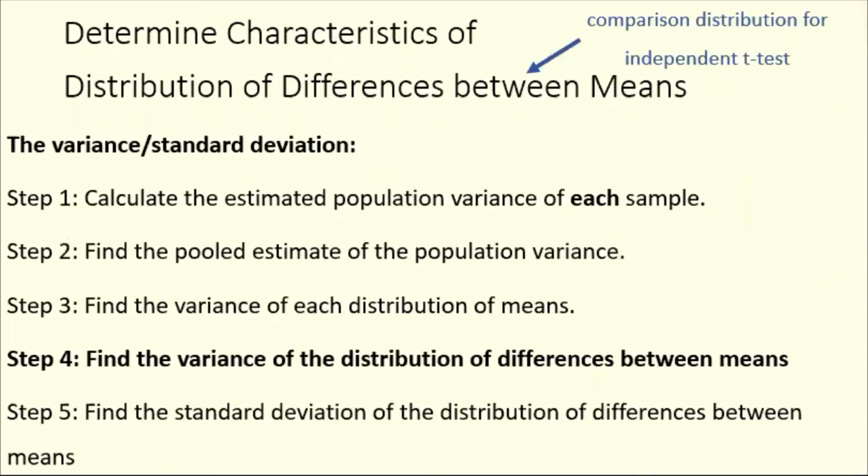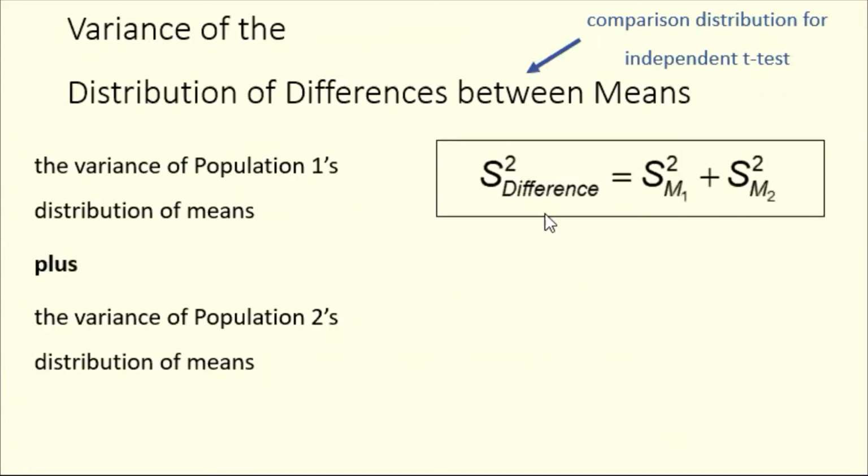And so then we're going to take these and find the variance of the distribution of differences between means. And we're almost at what we really want here when we're getting to step 5. And so to get that variance of the distribution of differences between means, we want to take our variance of the population's distribution of means, and we're going to add those two together now.